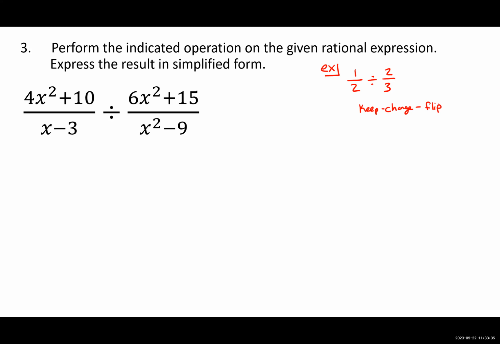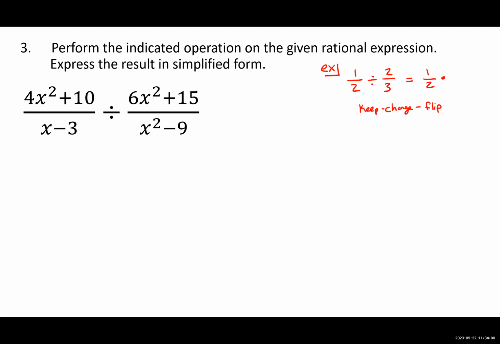This is how the definition of division for fractions is a conversion to multiplication. So you change division to multiplication. Dividing by a fraction is the same as multiplying by the reciprocal. So that would be equal to 1/2. You keep the first fraction times, you change the symbol.